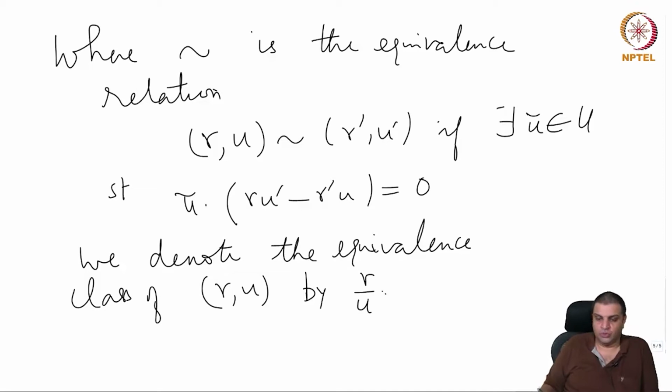So really we are thinking about fractions, but of course as in Q, 1 over 2 is the same as 2 over 4. So this is really that statement: how do we identify two fractions? If you are working over a ring in general, not just rationals, one needs to put this as the definition.